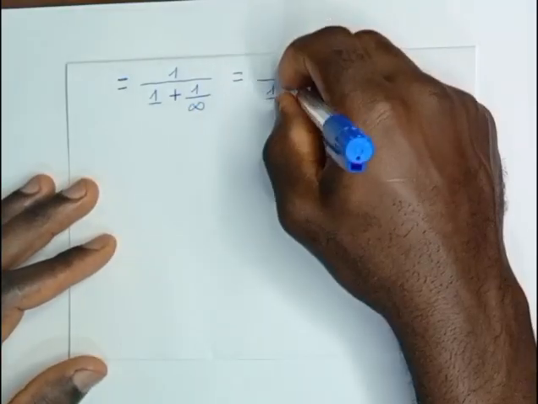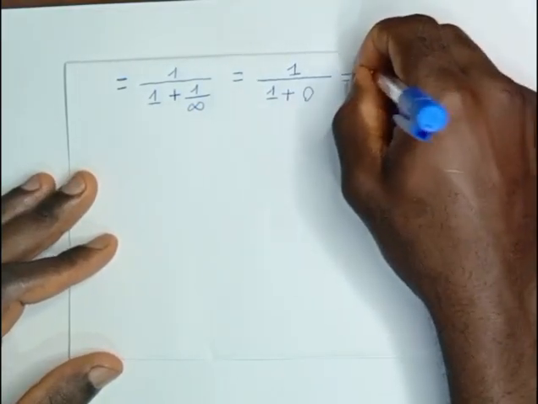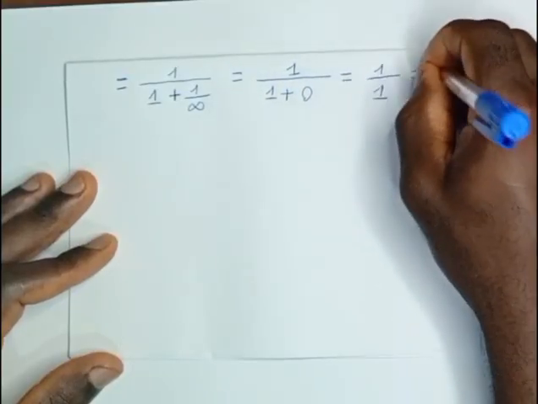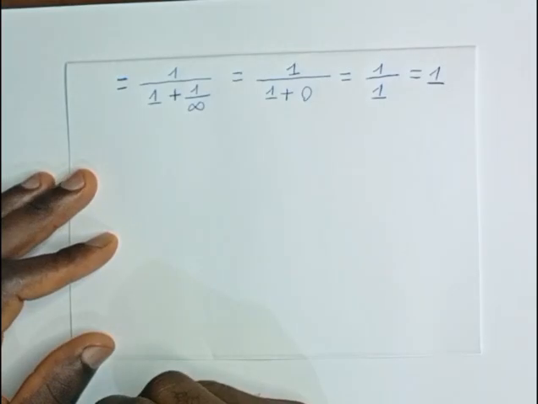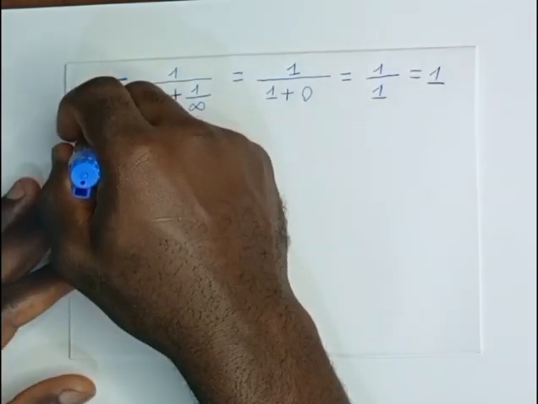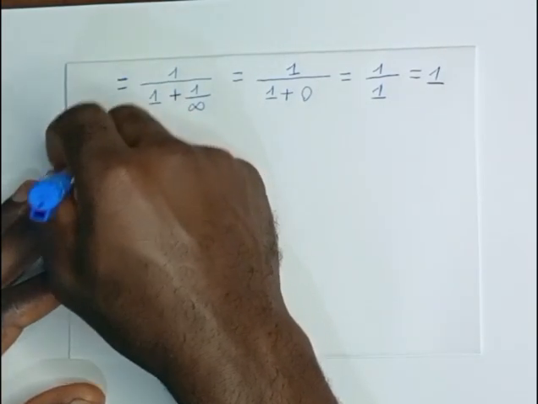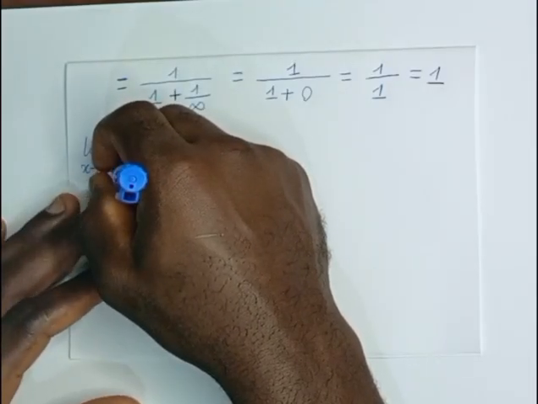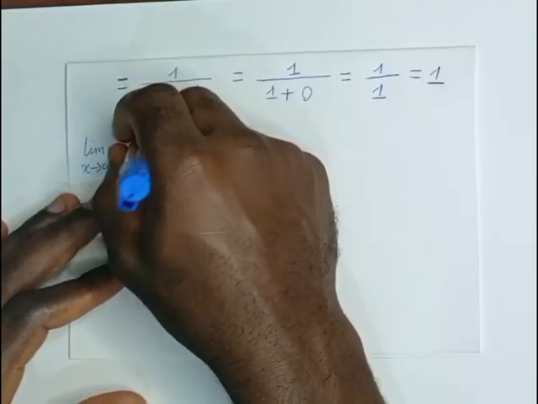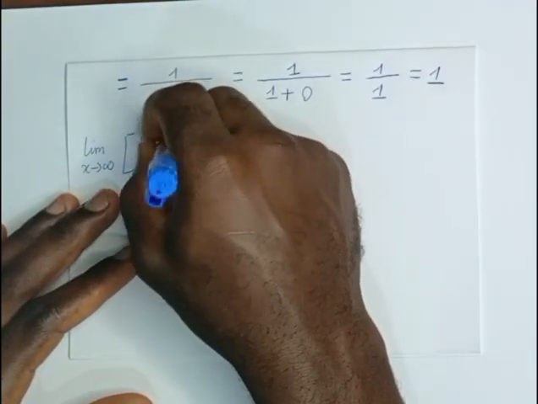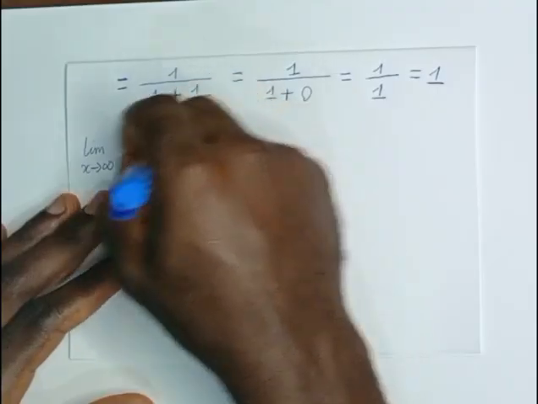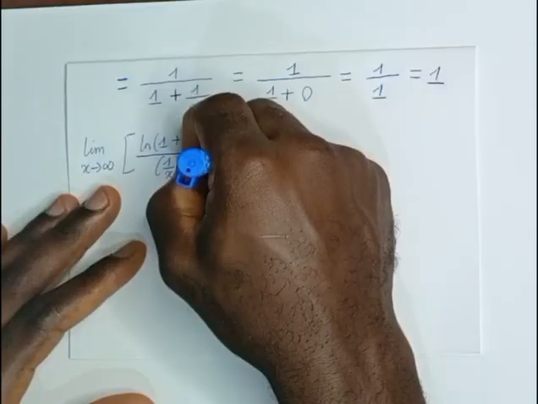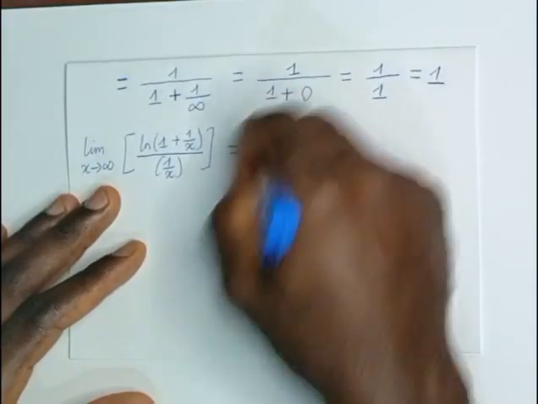So this will be 0. And this will be equal to 1 all over 1 plus 0 gives us 1. 1 divided by 1 is equal to 1. It simply means the limit as x tends to infinity of the ln of 1 plus 1 over x all over 1 all over x is equal to 1.